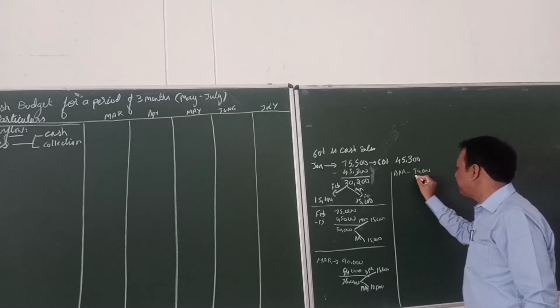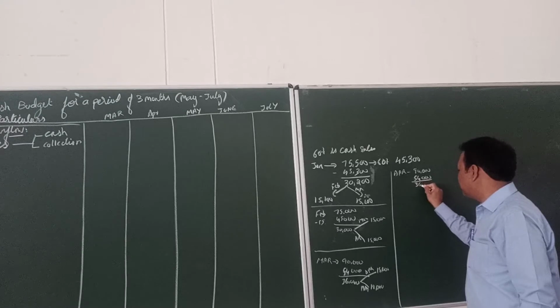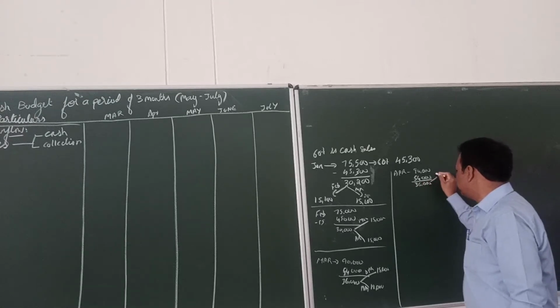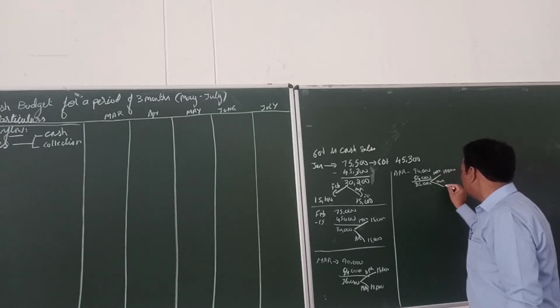Credit sales? 54,000. 36,000 balance. Same in the month of May 18,000, and in the month of June 18,000.